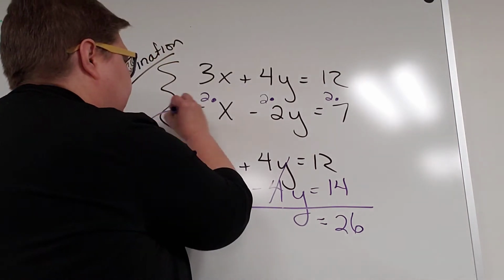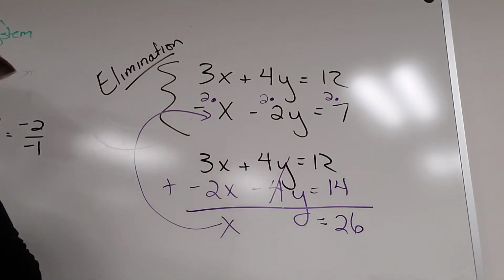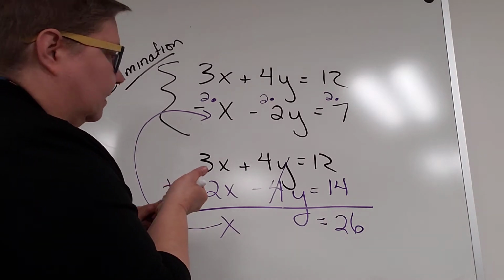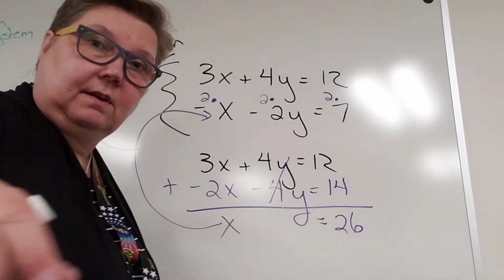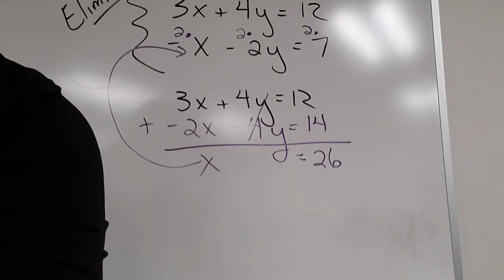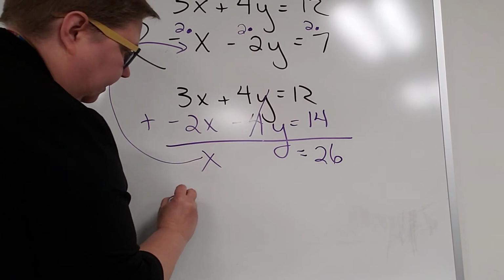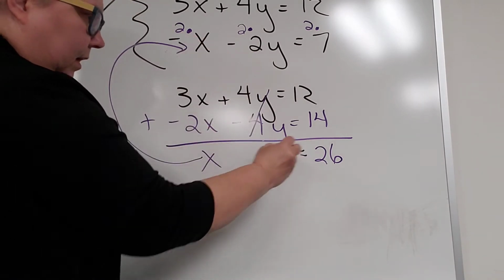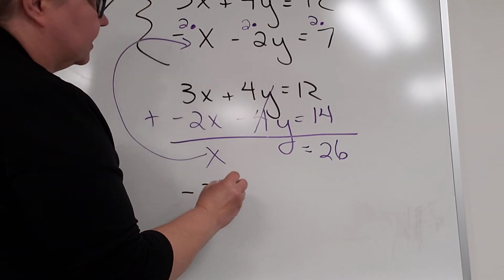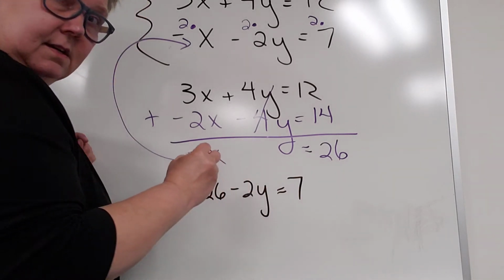So you're going to take it and plug it back in. Let's see if there's enough room to do this part of the problem. Okay, so we've got x is 26, so negative 26 minus 2y equals 7.